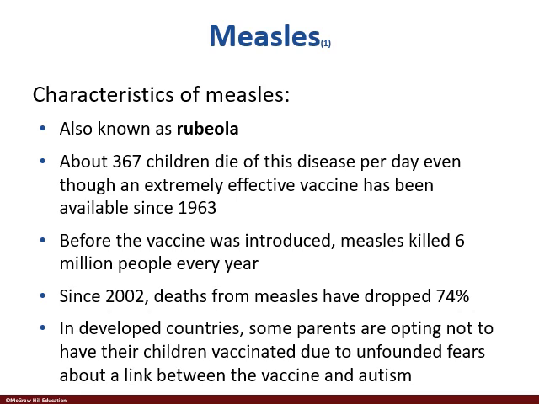It's a weird thing, as that last bullet shows. In the US and many of the developed countries, parents are now opting out, refusing to vaccinate children because they believe that whole vaccines cause autism thing.